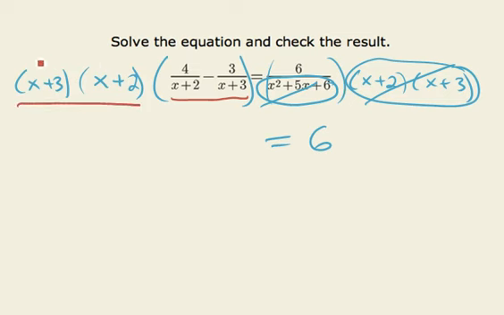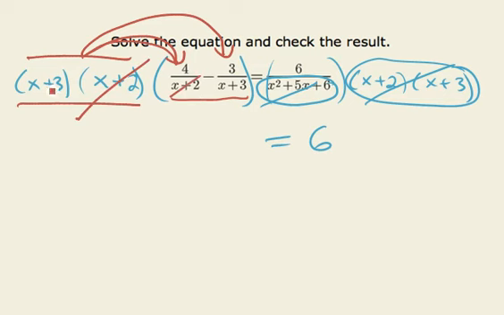So I take these two things, multiply there. I take these two things, multiply there. So when I do this first multiplication times the 4 over x plus 2, sure, my x plus 2 is going to cancel there, and I'm left with a 4 times x plus 3. Let me write that down. 4 times x plus 3.